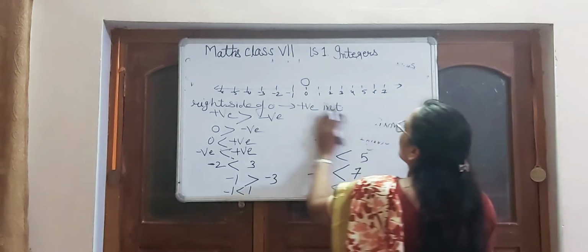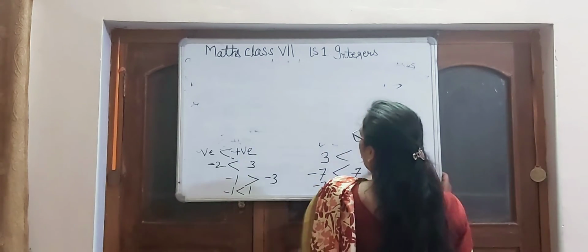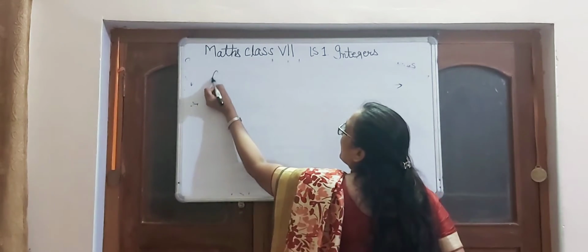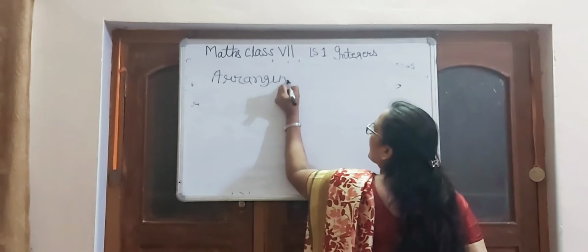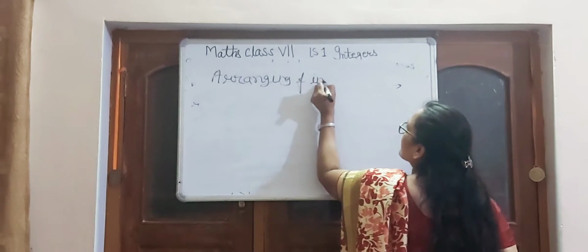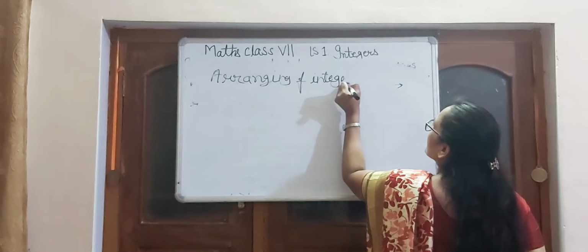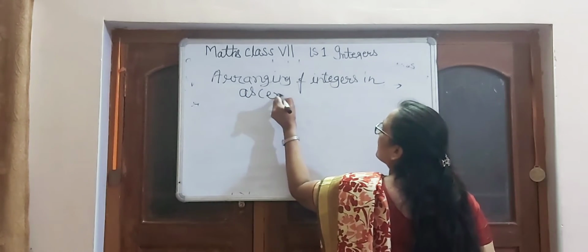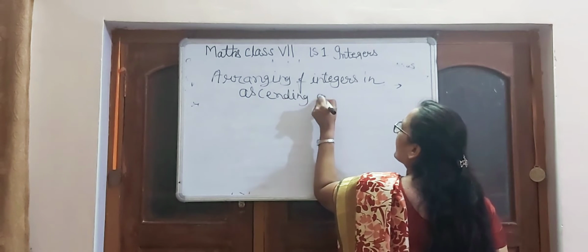Now how do we arrange numbers in ascending and descending order? Arranging integers in ascending and descending order.